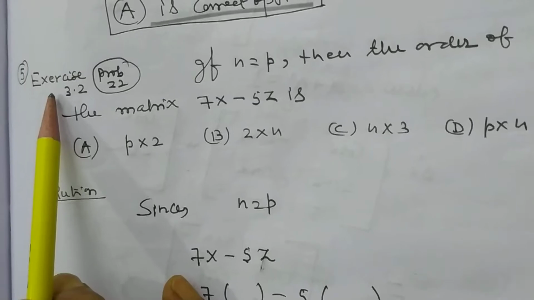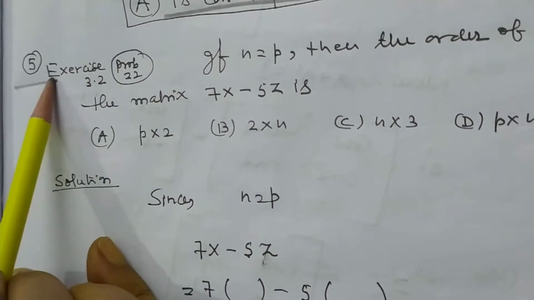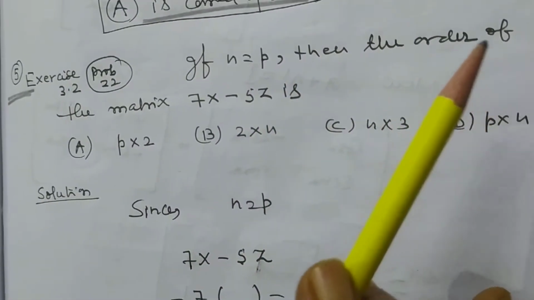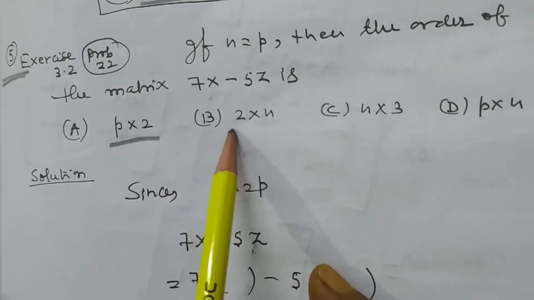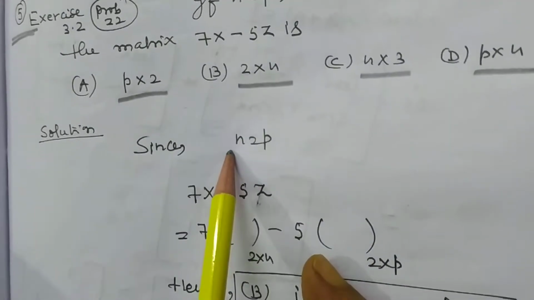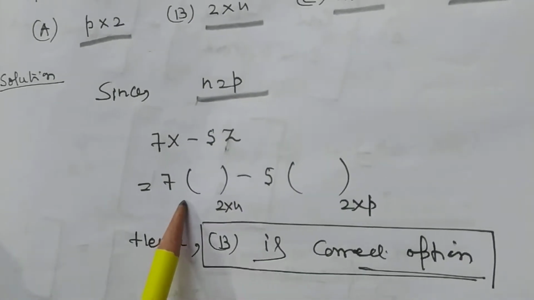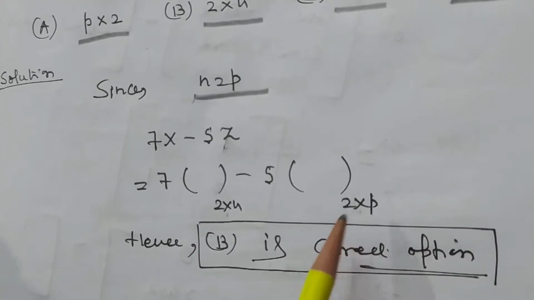Now, exercise 3.2, problem number 22 and problem number 5 of this study material. If n is equal to p, then the order of the matrix 7x minus 5z is 5 by 2, 2 by n, n by 3, p by n. Since n is equal to p, 7x minus 5y is equal to 7 into 2 by n, that is 2 by p.